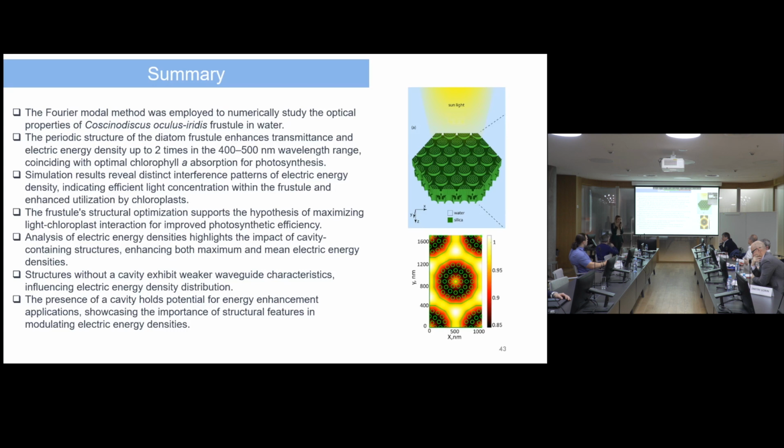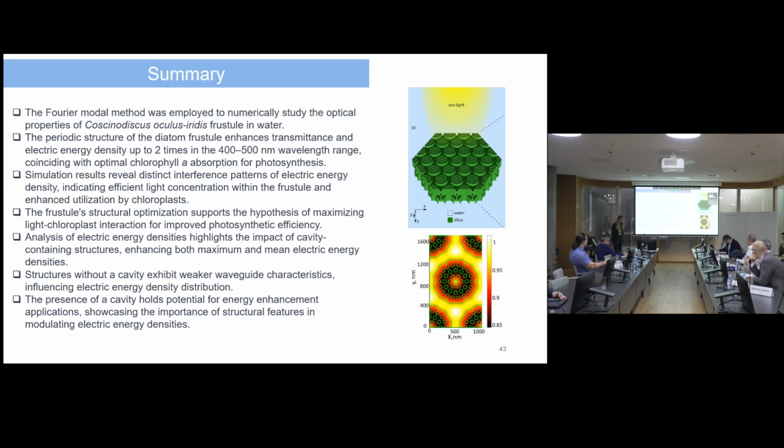The analysis shows the impact of such cavity-containing structures that enhance both maximum and mean electric energy densities, while structures without a cavity exhibit rather weaker waveguide characteristics. So this whole phenomenon holds potential for energy enhancement applications.